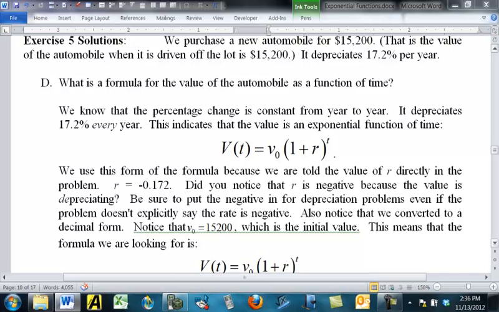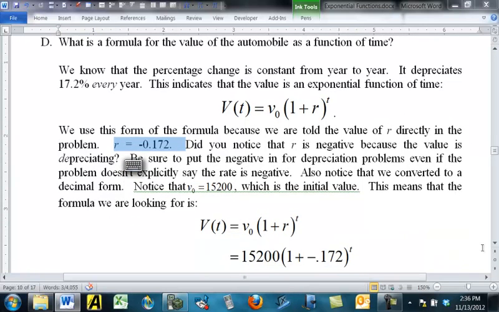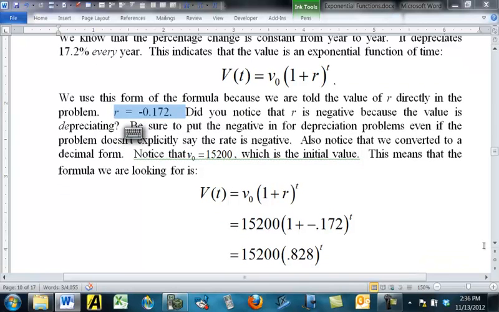Okay? And the rate, remember, it's depreciation. It doesn't say negative, but when it says depreciation, that makes this a negative rate. So that makes the r negative 17.2%, which will change to negative 0.172. So there's our formula right there. Notice if you do 1 plus a negative 0.172, you get a base of 0.828.